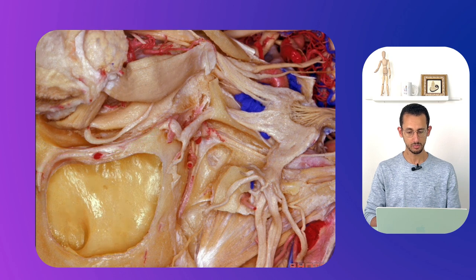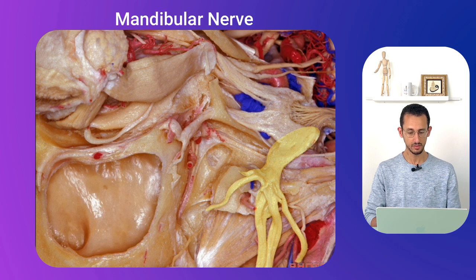That's the orbit, and that's above the maxillary sinus. So orbit, maxillary sinus, infraorbital canal, and infraorbital nerve, which is a continuation of the maxillary nerve. Then we have the mandibular nerve, which branches in the infratemporal fossa.